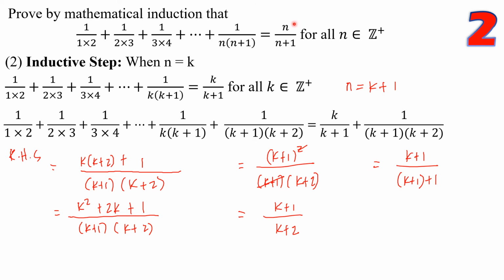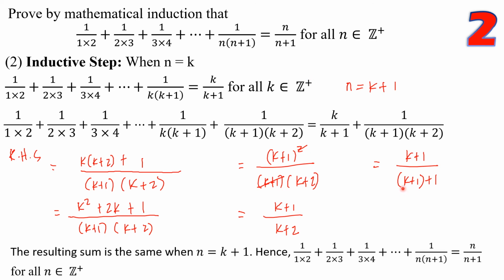This is when n is equal to k plus 1. Numerator is n, in here k plus 1. Denominator is n plus 1, in here k plus 1 plus 1. The resulting sum is the same when n is equal to k plus 1.